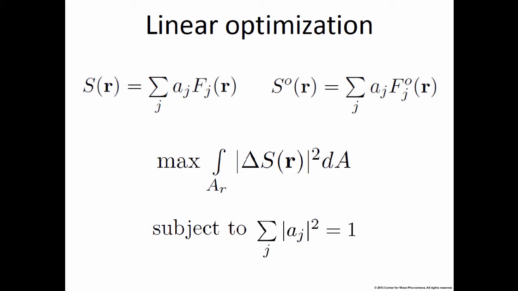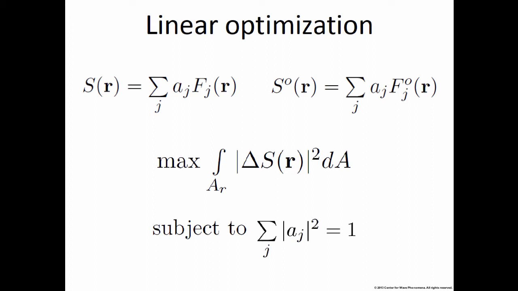Now instead of maximizing the ratio, we want to maximize the difference between the field with the reservoir and without. Here I'm showing the field with the reservoir as S and the field without the reservoir as S naught. And again, similar to the other optimization, we want to maximize this difference over the area where we expect to see an anomaly.